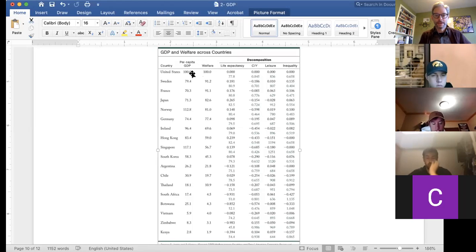And if you note here, welfare is closely correlated with per capita GDP, right? So if you look down across these countries, yes, there are differences here and there. For instance, Norway is a country where its welfare is considerably less than its GDP. South Africa is a country where welfare is considerably less than its GDP.